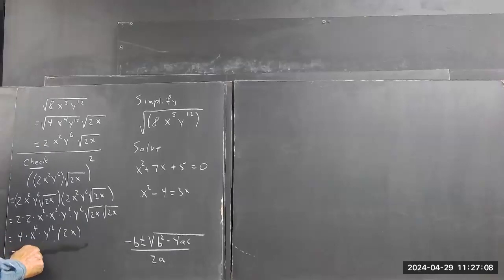Okay. That's 4 times 2 times x to the 4th times x times y to the 12th. And that takes care of all the terms up here. 4 times 2 is 8. X to the 4 times x is x to the 5th. Y to the 12th is just y to the 12th.